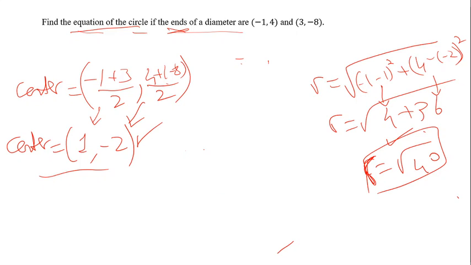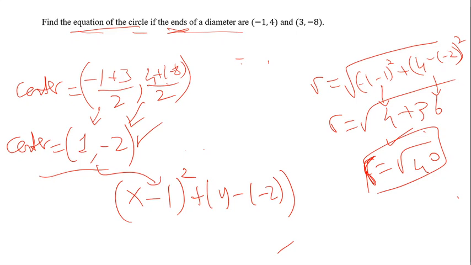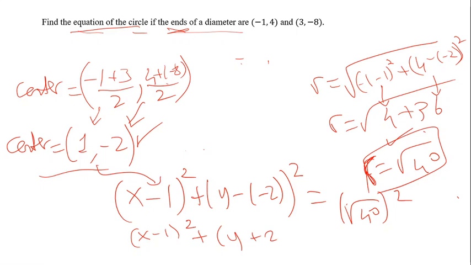So the standard equation will be x minus 1 squared, y minus 2 squared equal to square root 40 squared. So this has to be x minus 1 squared, y plus 2 squared equal to 40.